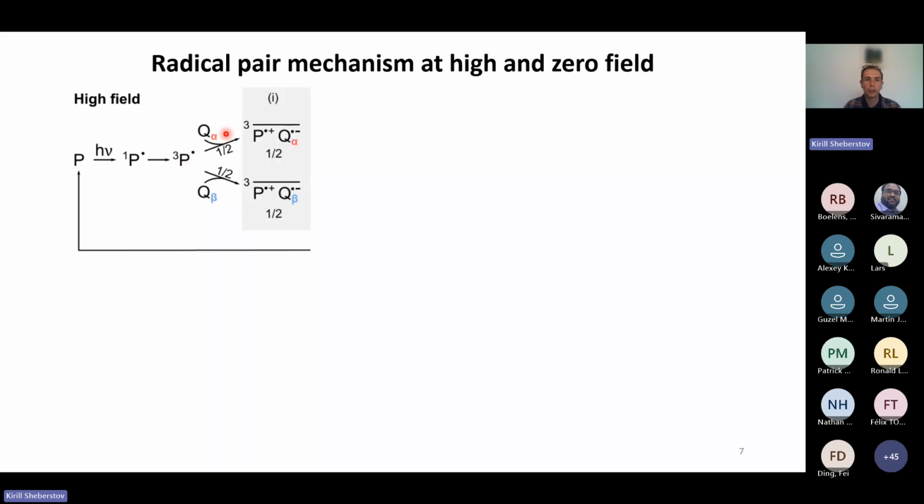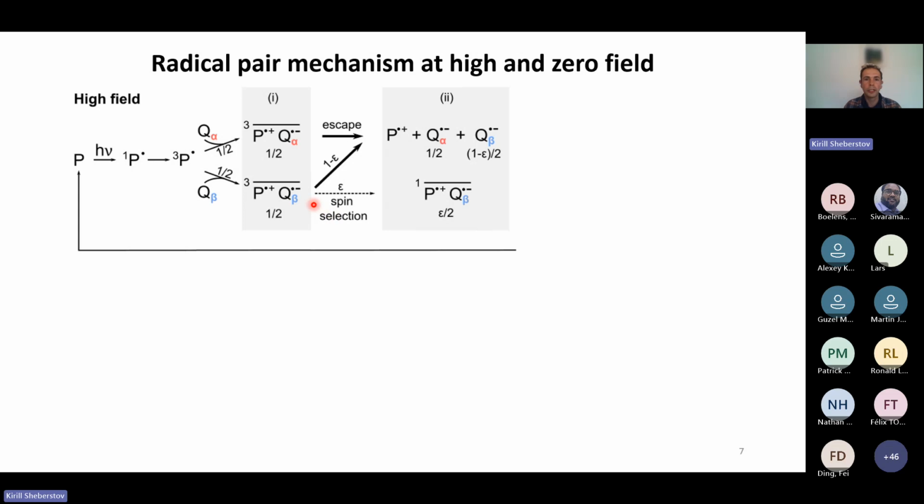Then a second molecule, the quencher, approaches this photosensitizer and steals one of its electrons, generating a so-called radical pair. Also, the quencher molecule contains nuclear spins. Let's say that it will be, just for simplicity, one spin, which is either in the alpha or in the beta state.